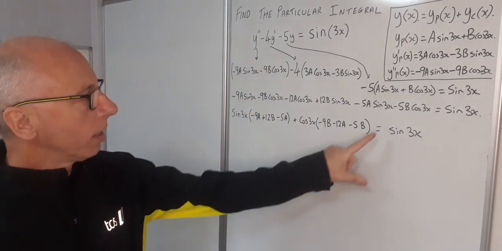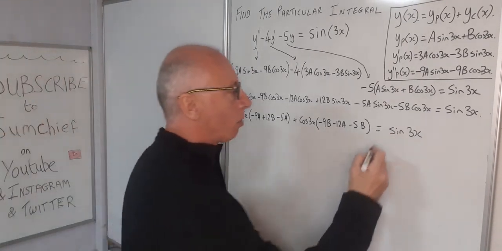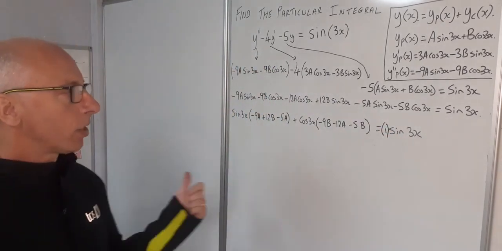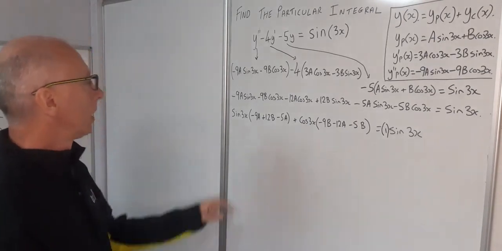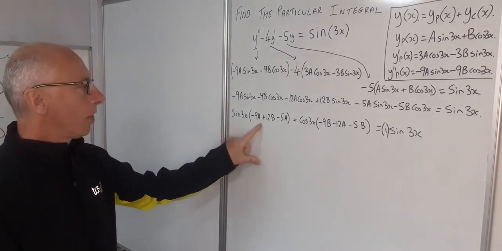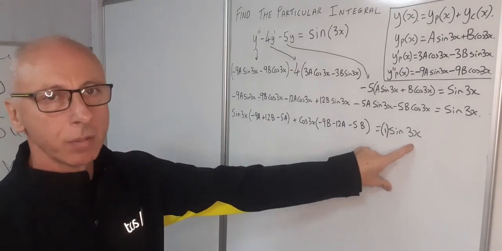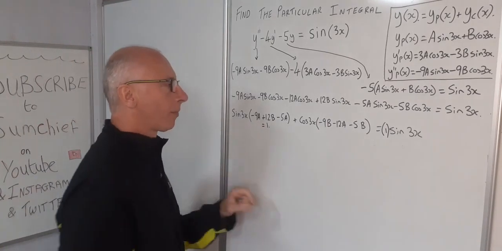Now at this stage, we want to look at the coefficient here for this sine of 3x. Or we could just put a 1 in there if we wish. So when I do the next line, that will become apparent as to why I've done that. So this sine of 3x should basically equal 1 times sine 3x. So this should equal 1.